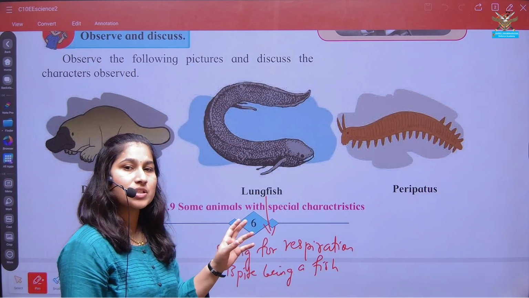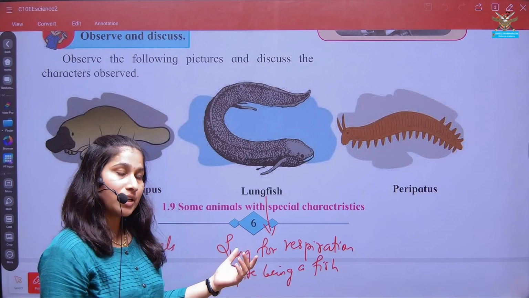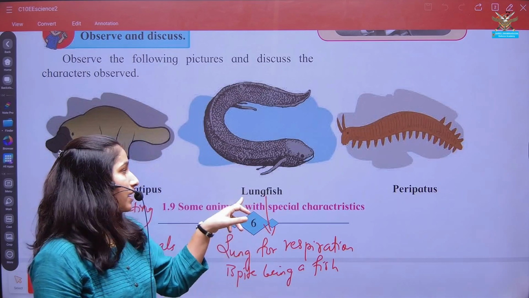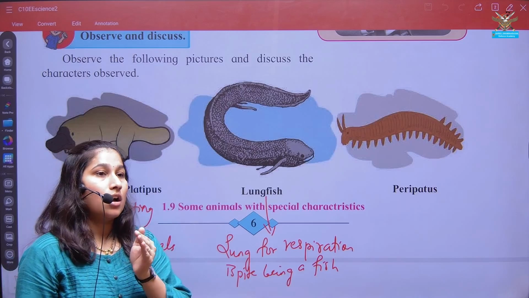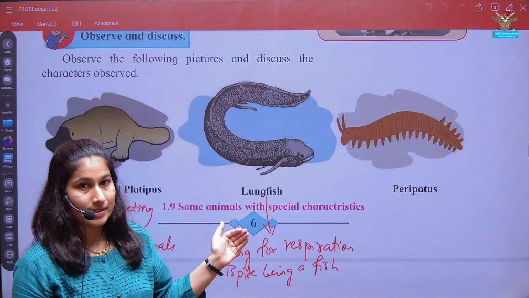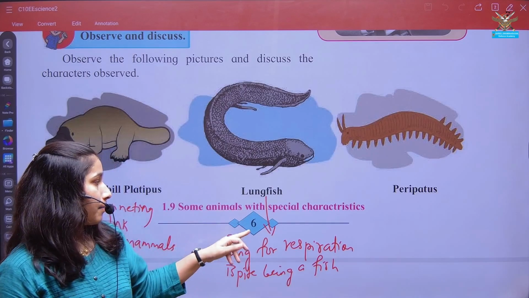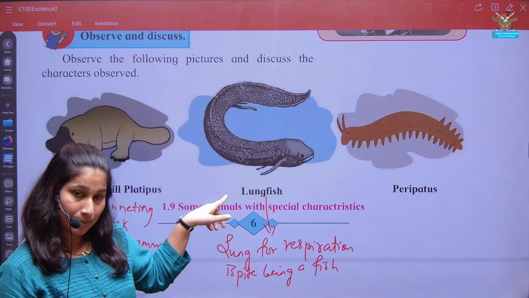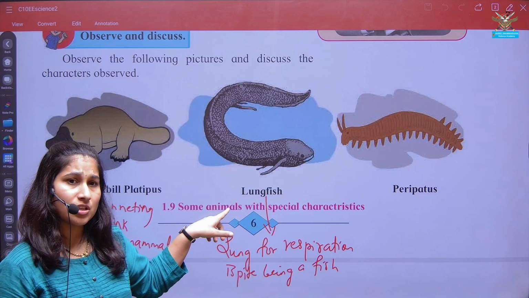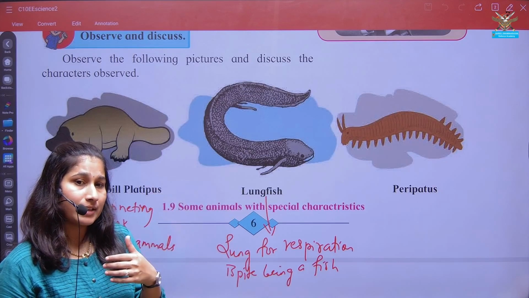Organisms which have a terrestrial habitat only show the presence of lungs, but this lungfish is actually a fish which is a member of class Pisces. But this organism being a fish, how can it respire by lungs?